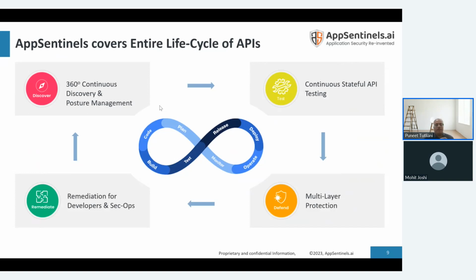The second pillar is continuous stateful API testing. We all know how software development processes have evolved. Almost everybody has moved to agile from waterfall models. Instead of building large monoliths, organizations are now building microservices on Kubernetes, and there are hundreds and thousands of microservices being implemented.